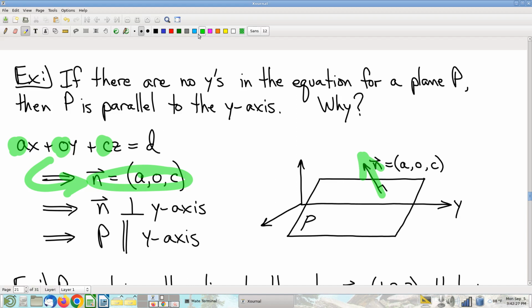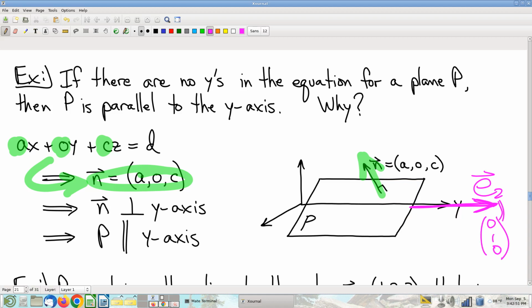And that's pretty easily seen to be perpendicular to the y-axis. I'm going to indicate the direction of the y-axis by this E2 vector. And don't forget what E2 is. E2 is 0, 1, 0. Right, so real easy to see that this green vector is perpendicular to E2 because we'll look at the dot product.